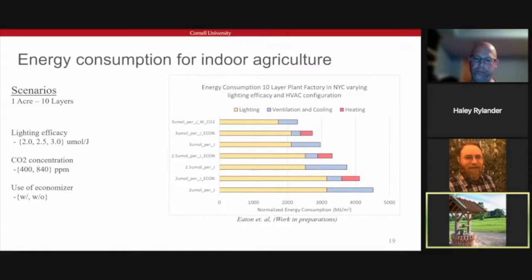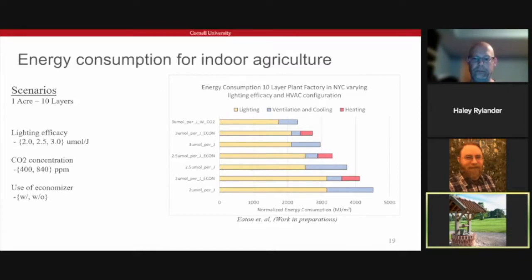If you introduce an economizer, you can lower it. If you increase the CO2 concentration in the growing space, you can lower the necessary amount of lighting. And so the savings potential are significant with considering these energy efficiency measures.